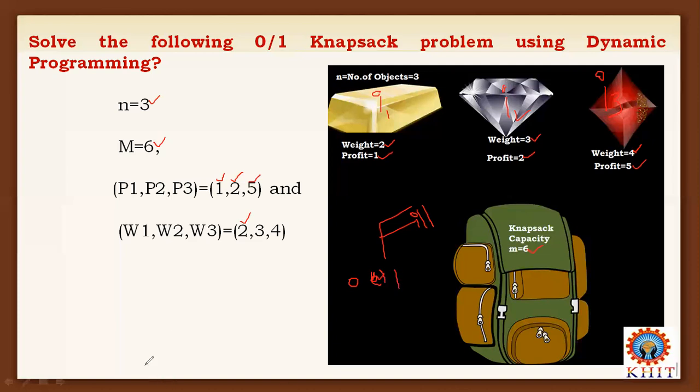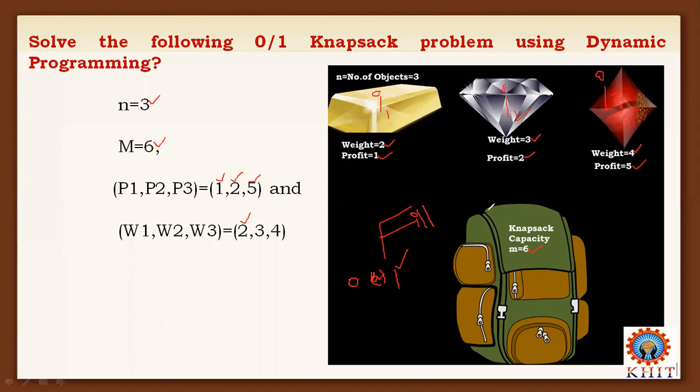That means you can fill the bag with the complete item or you cannot select any item. There is no provision to fill the knapsack with pieces of items or break the item into some number of pieces. That means fractional items are not to be filled in this bag.